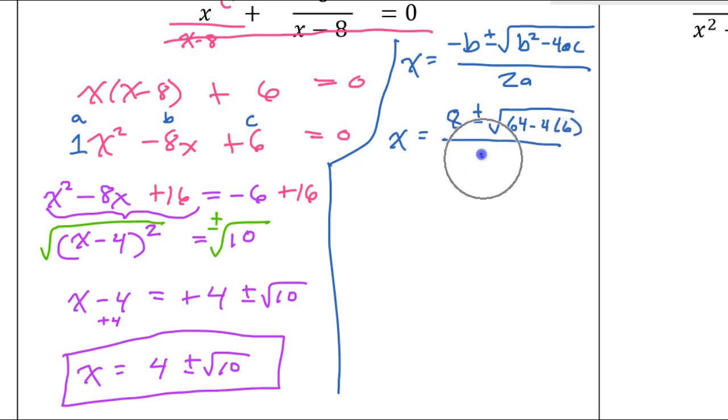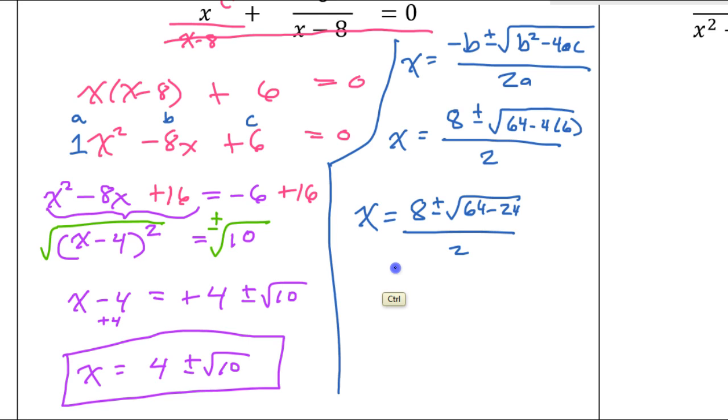Okay, all over 2a, which is just 2. So that's going to give me 8 plus or minus 64 minus 24. So that's going to give me x is equal to 8 plus or minus 40 over 2.